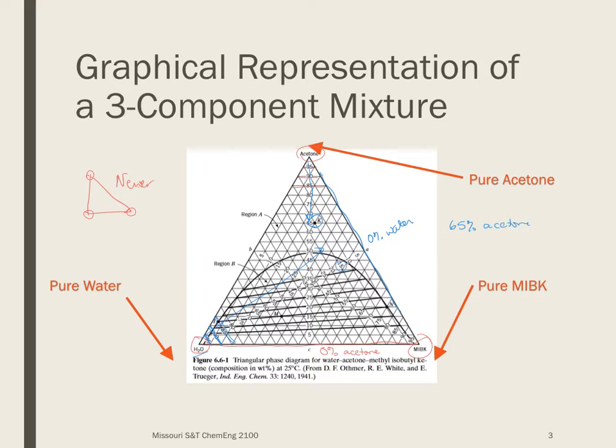It's 15% water. And the remaining part is going to be MIBK, but let's read it off the graph. So for MIBK, I read that direction. So 5, 10, 15, 20, 20% MIBK. And that is this point on this graph right here.